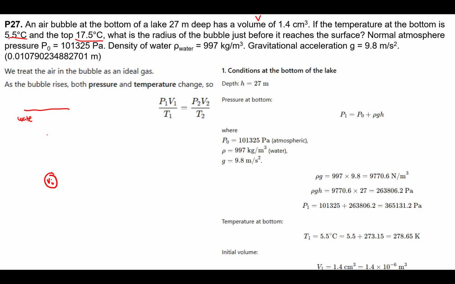And then as it goes up, it's going to be this one. Okay. The reason why the volume is changing is that the temperature is changing.